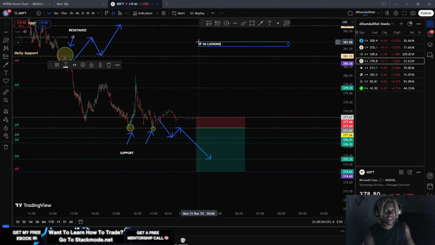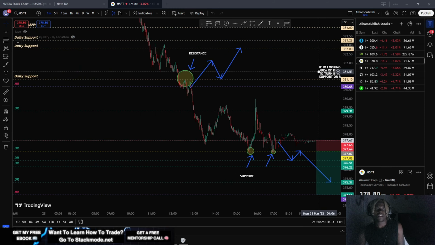If I'm looking for a long / call trade, wait for an area of resistance to be broken and for resistance to turn into support. Set your stop loss at a daily support or resistance below your entry.